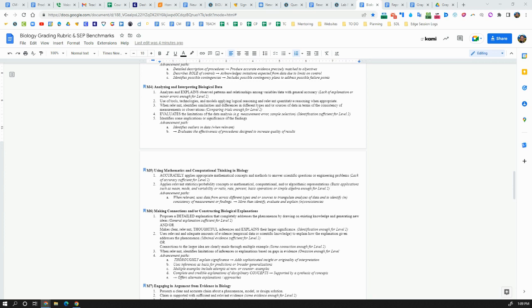What that word evaluate means is that you have to tell me why it matters that there is this limitation, right? What are the consequences for my data that there are limitations? What can't I say? What is affected by that? So instead of just saying, well, I only collected 3 samples, so that's a limitation, you can say, because I only collected 3 samples, I'm not sure my average is as accurate or consistent as it could be if I had more data, right?